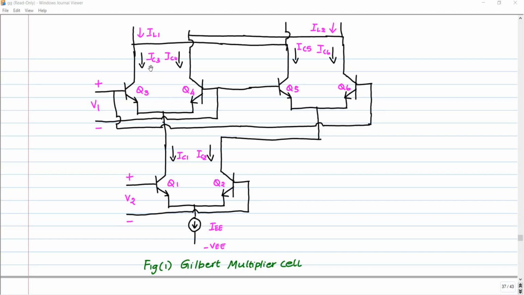Here IC3, IC4, IC5, IC6 are my collector currents. I am going to take the difference between my outputs IL1 minus IL2, that is my output current.